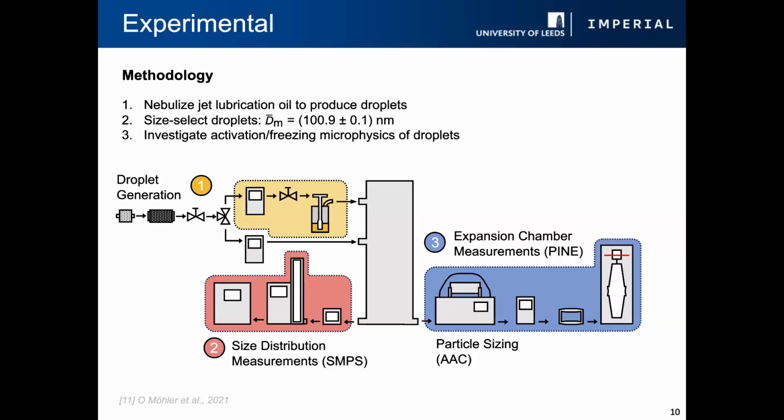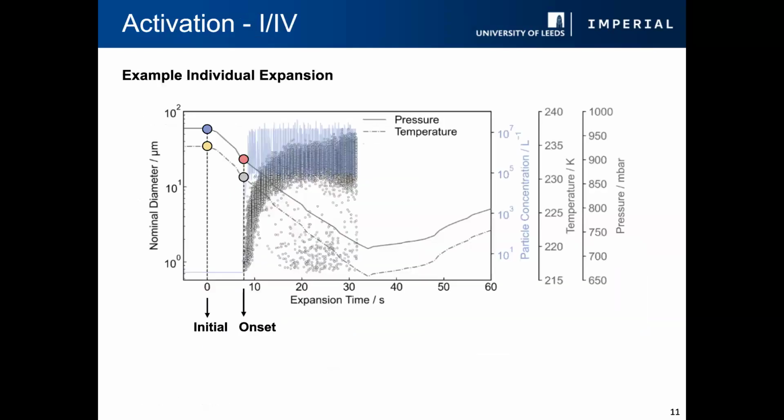What this does is it cools down the aerosol, and then has an expansion cycle where the pressure reduces, the temperature reduces, and we can get activation because the relative humidity increases. This is what a typical expansion looks like, with the start of the experiment here, and then the expansion. One end is closed and the other end is pumped out.